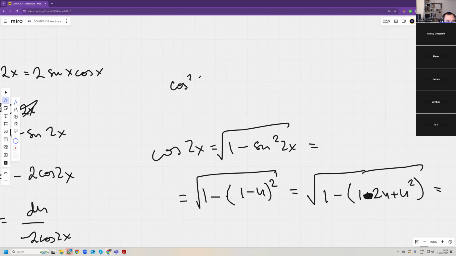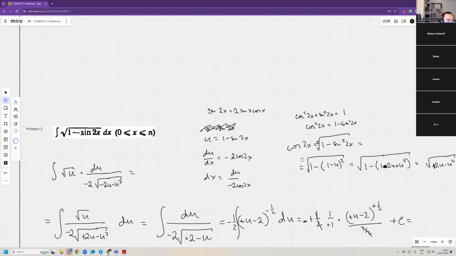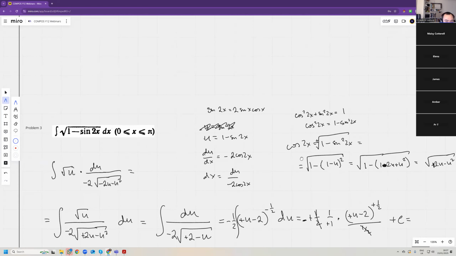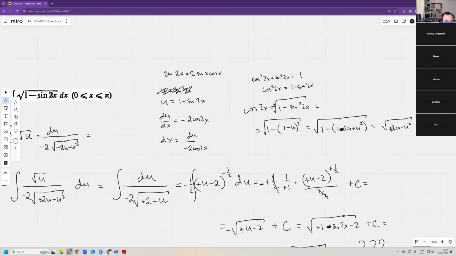So cos squared 2x plus sine squared 2x is 1. That means cos squared 2x equals 1 minus sine squared 2x, and then you take the square root. Well, technically it's plus minus, but it's from 0 to 2 pi, so I just assume that it is plus.